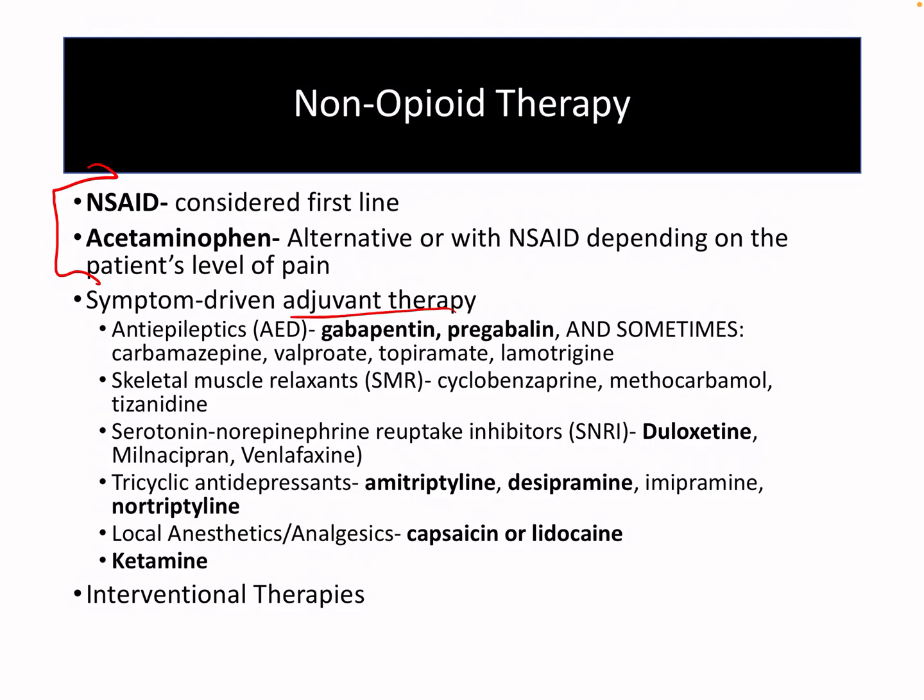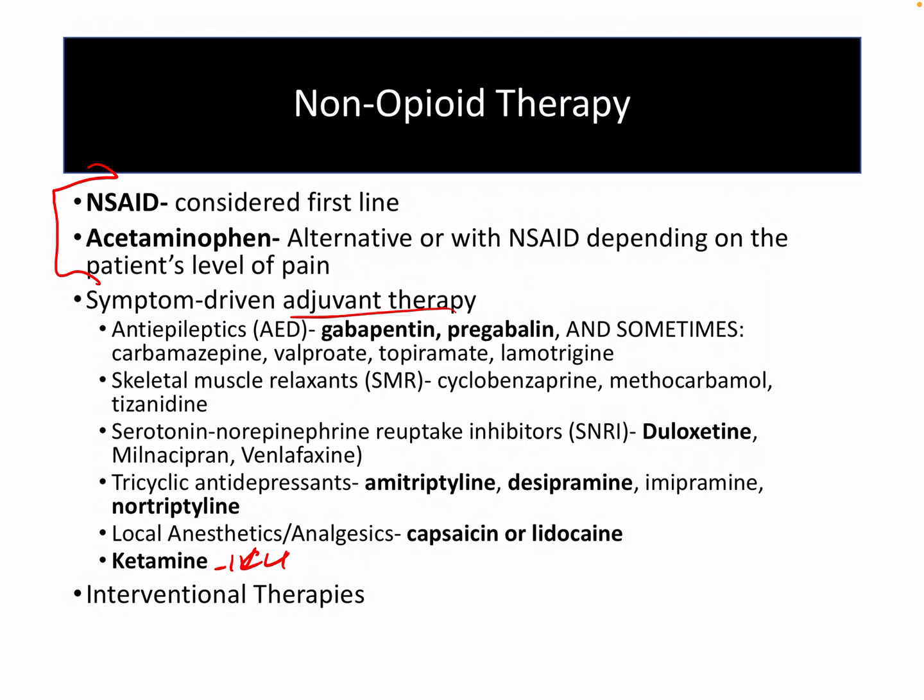Tricyclic antidepressants with amitriptyline, desipramine, and nortriptyline being used the most frequently. Local anesthetics such as lidocaine, and local analgesics such as capsaicin, and then ketamine, which is an NMDA receptor antagonist that is only really used in ICU patients. And we'll talk about that more as we go through the lecture today.